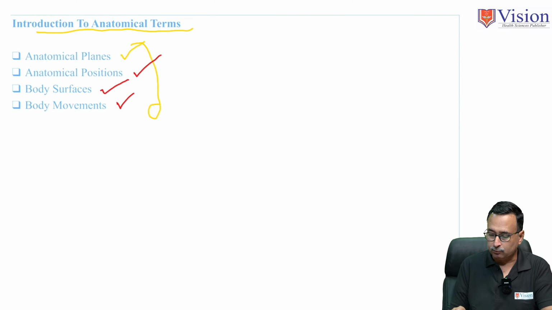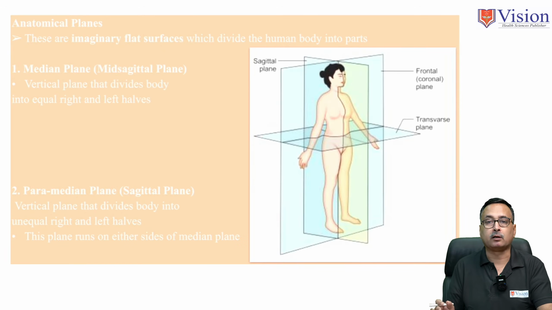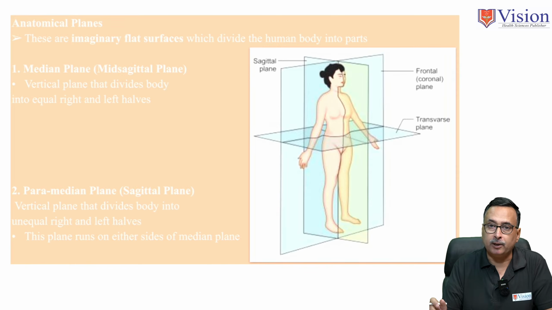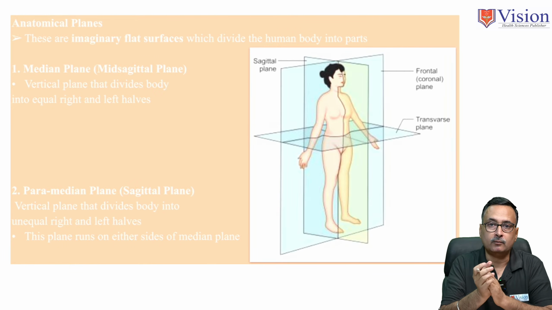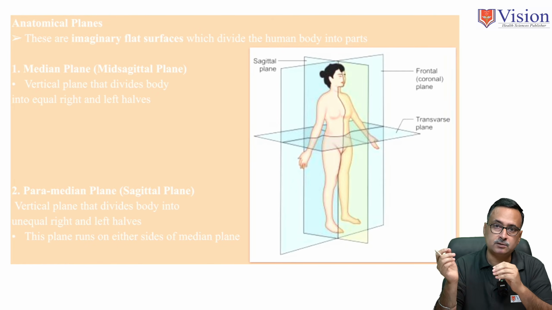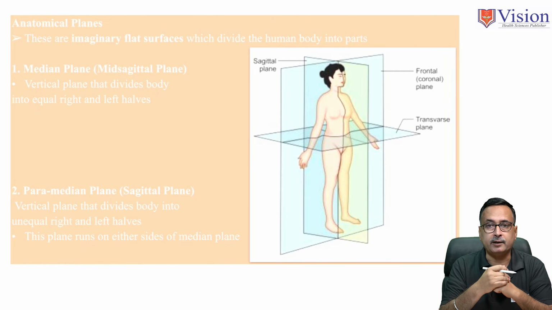Now one by one, we shall study the anatomical terms. First we take up anatomical plane. Anatomical plane means a hypothetical flat surface which divides a human body into 2 halves.